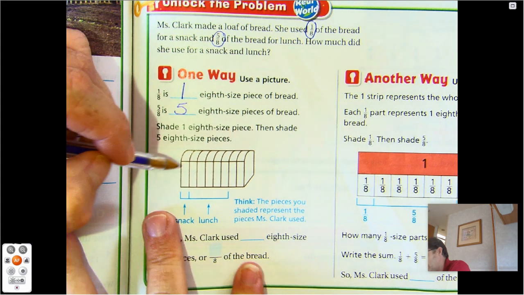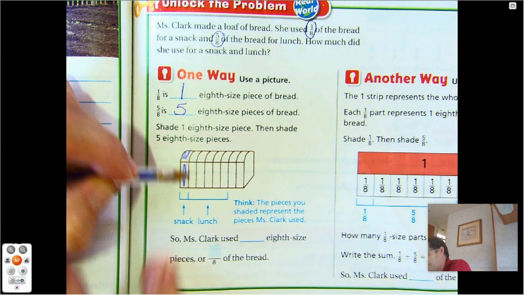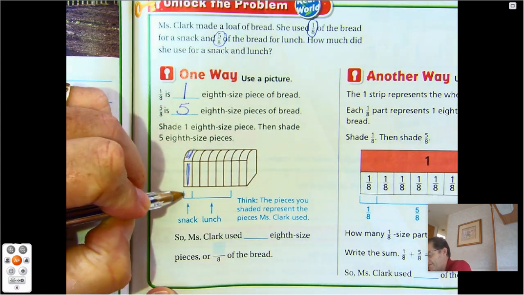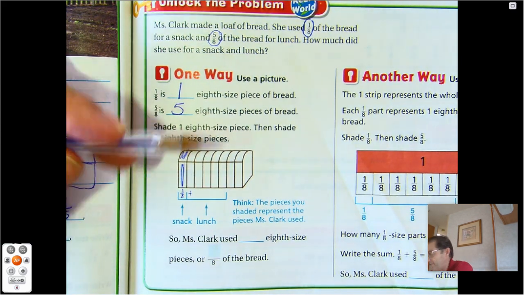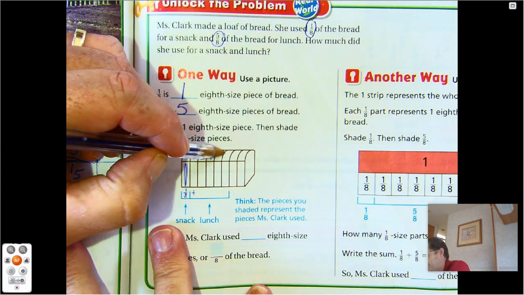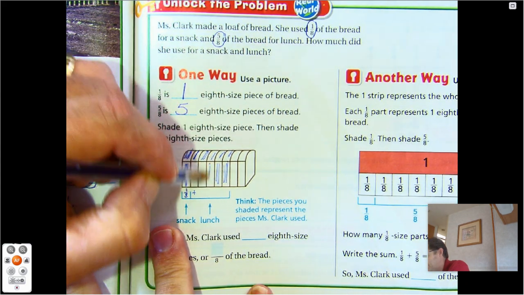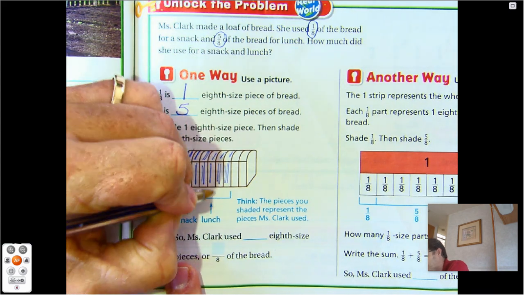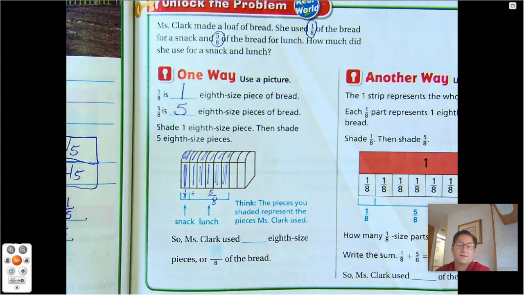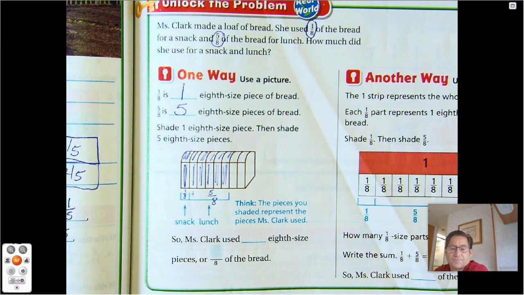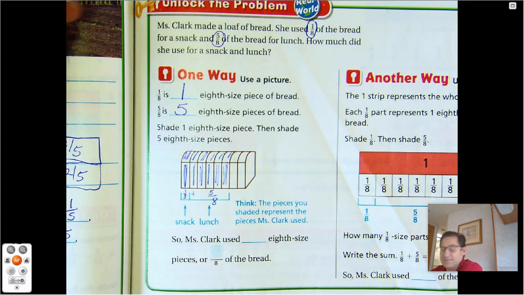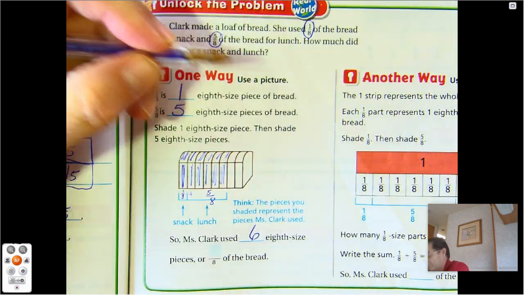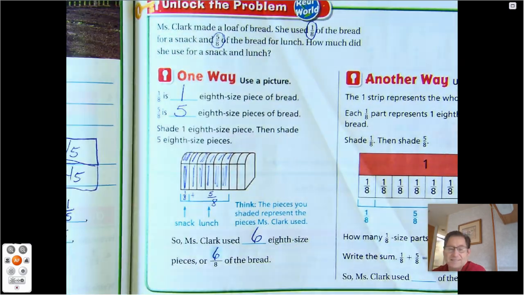All right, so that would be the snack, 1/8, plus the 5/8. One eighth plus 5/8. So how many parts did we shade? 1, 2, 3, 4, 5, 6 eighth size pieces, which is the same as saying 6/8.